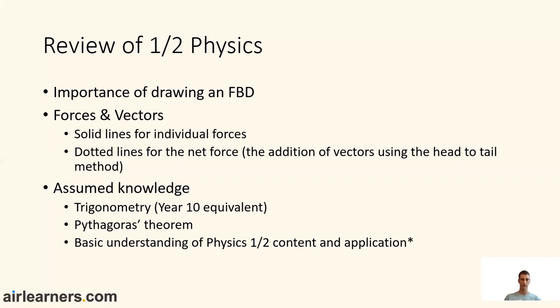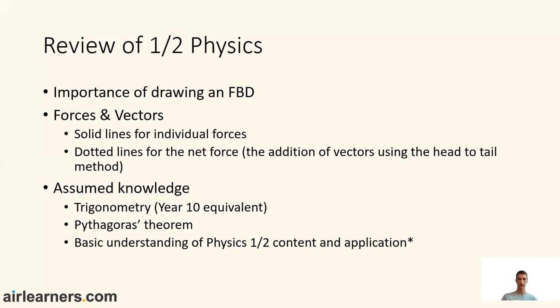Now, assumed knowledge, this is quite important because if you don't understand this, you may get a little bit stuck. I'll try and make it easy to understand, but you should know trigonometry to a year 10 standard. Going further than that would obviously be helpful, but it's not necessary.